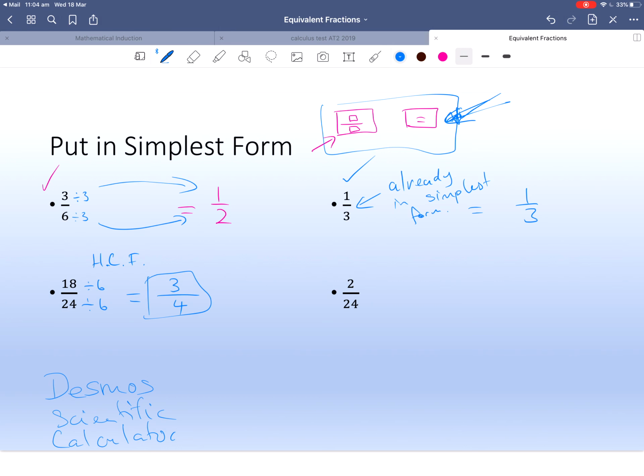All right, the last one. What number goes both into 2 and 24? Pretty simple. It's just 2. So we can halve both the top number and the bottom number. So half of 2 is 1, half of 24 is 12. That's it. Hopefully it makes sense.